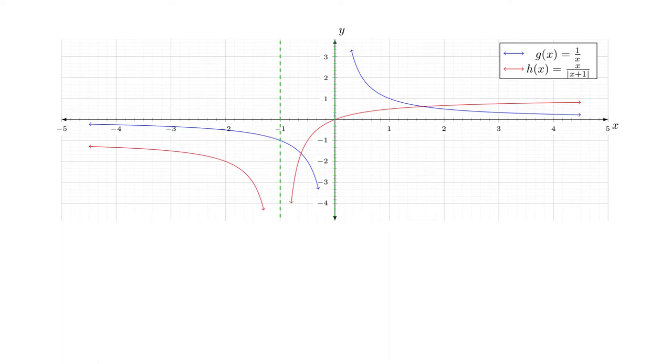So here I have plotted a couple of functions with vertical asymptotes. So let's just go ahead and say what they are. So the blue function, 1 over x, we've actually already said that this function has a vertical asymptote of x equals 0. So in other words, x equals 0 is a vertical asymptote of g of x.